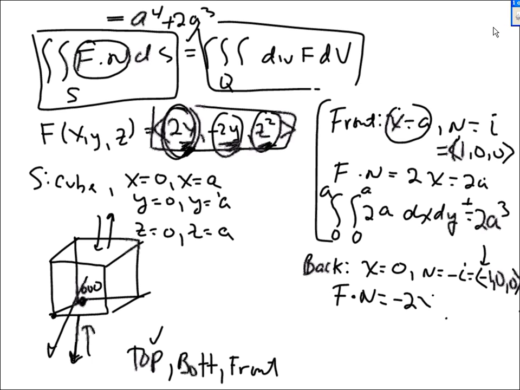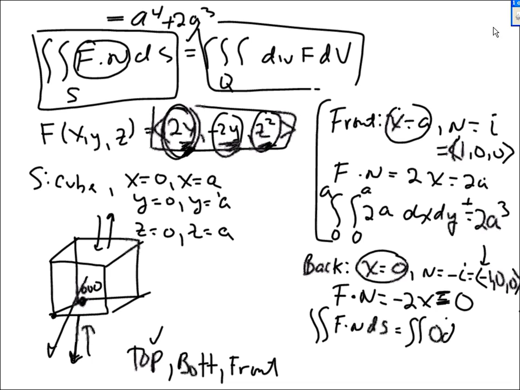It's negative 2x, but x is 0. So F dot n is 0. That's going to integrate to 0. The double integral of 0 dS is 0. So the back didn't contribute anything.